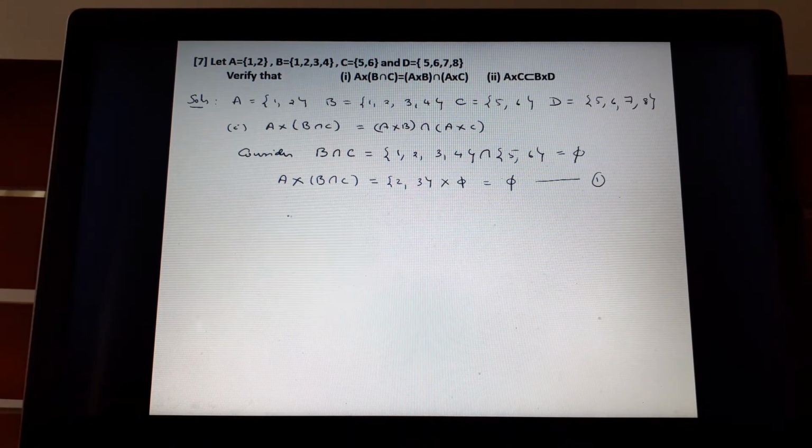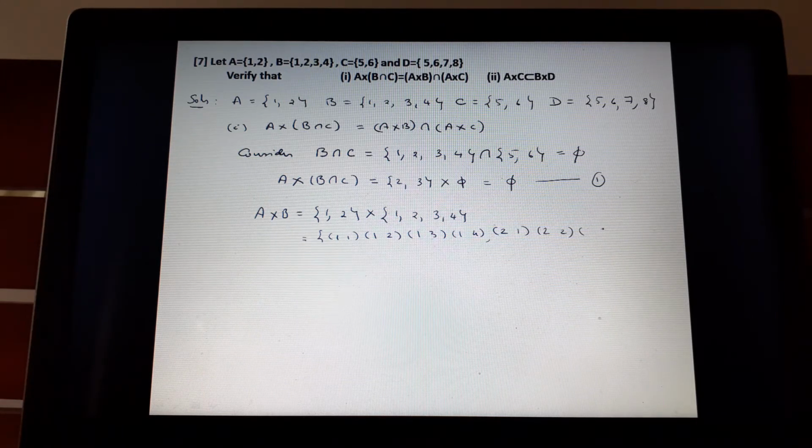A cross B is A {1, 2} cross B {1, 2, 3, 4}. Totally how many elements must be there? 4 into 2, 8. Therefore it is (1,1), (1,2), (1,3) and (1,4). Second, same thing: (2,1), (2,2), (2,3), (2,4).